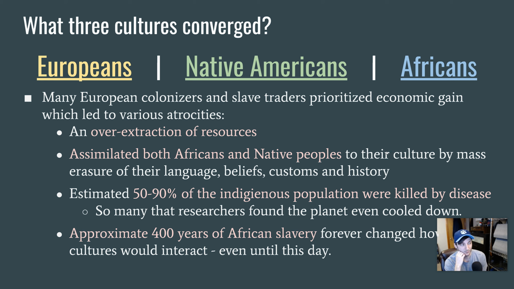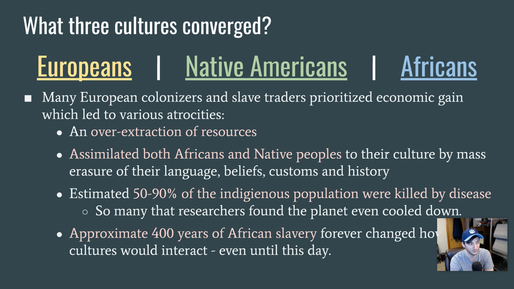So with that out of the way, what were these atrocities? With a disconnection from the land, Europeans often over-extracted resources, leaving kind of barren wasteland in their tracks. Then there's a lot of assimilation because of the dominance that they had.